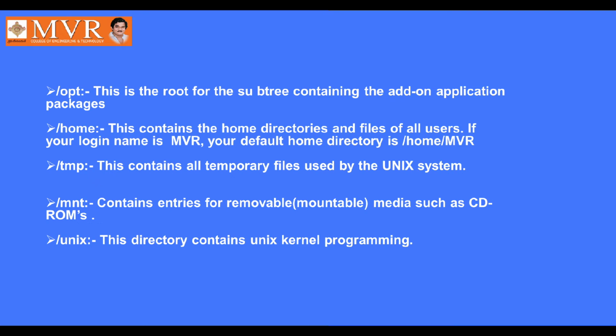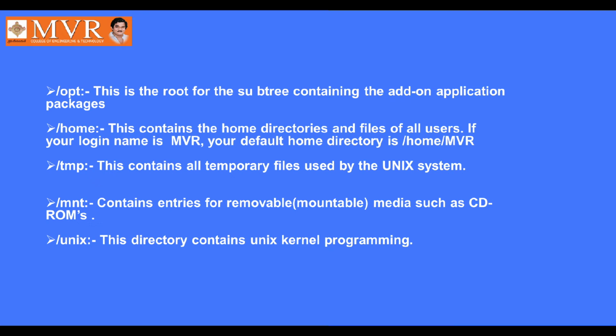And then the home directory. This contains the home directories and files of all users. Suppose you are using a network with a server, and under that server, say, 60 students are working. Each student will have a separate username. For example, here I have mentioned that MVR is a user.